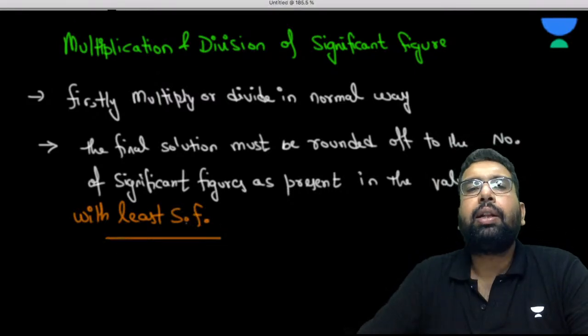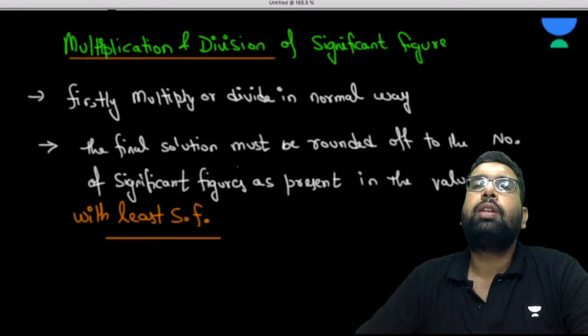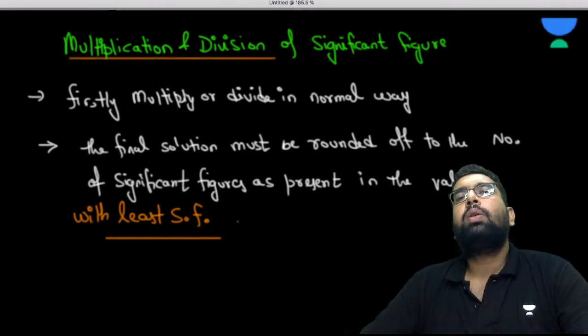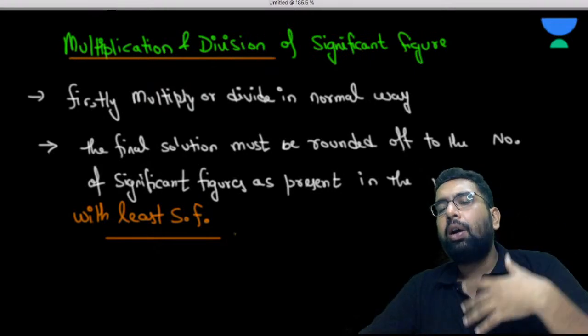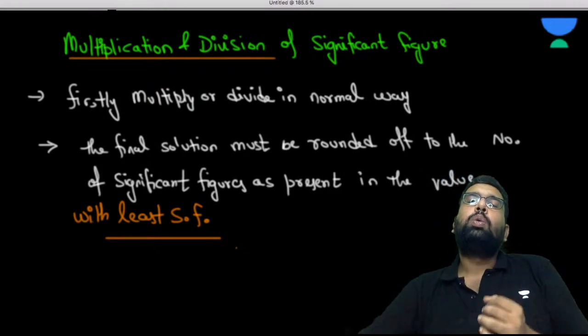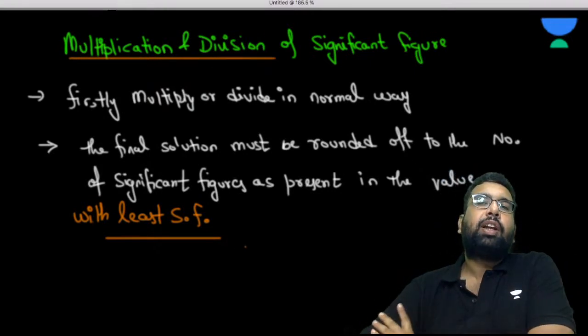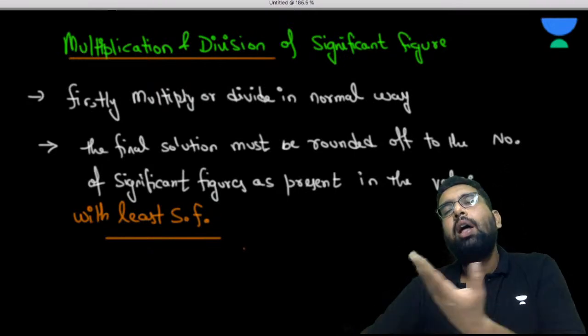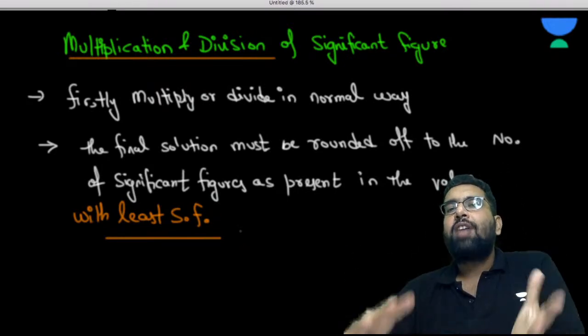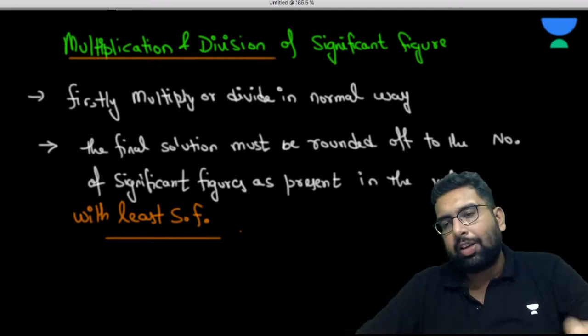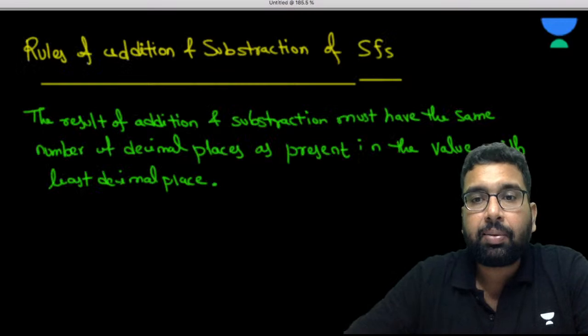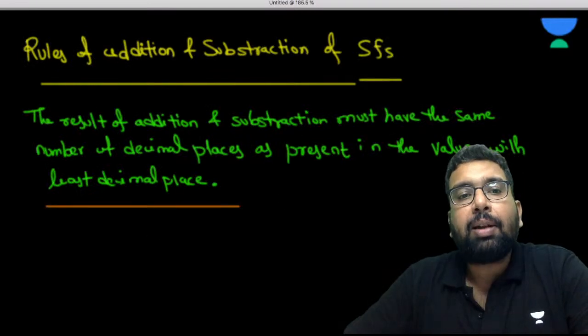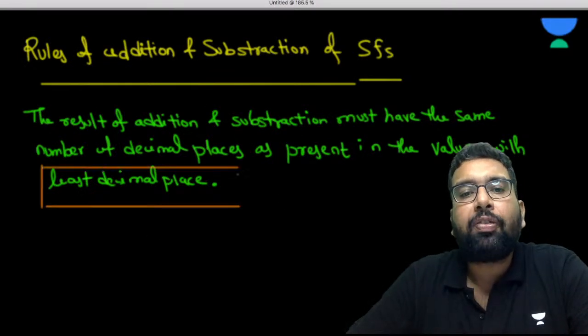So here in the case of multiplication and division, we reduce the final solution to the minimum number of significant figures as present in the values we are multiplying or dividing. I hope it is fine to everyone. And in the case of addition and subtraction, it is the least decimal place. Both are different.